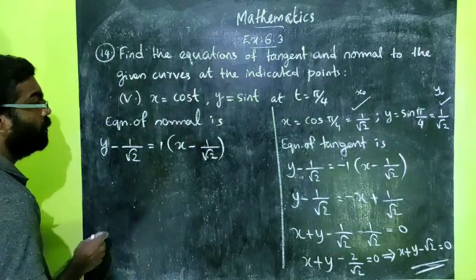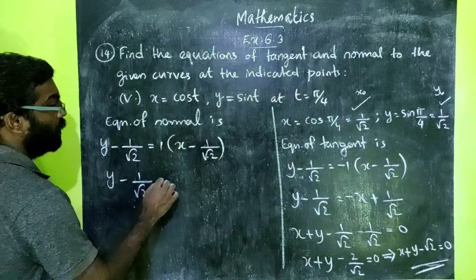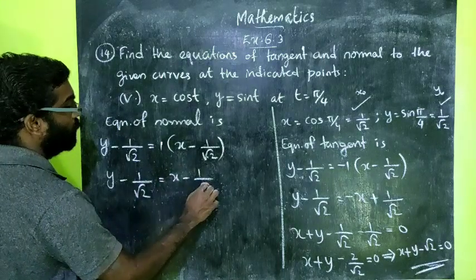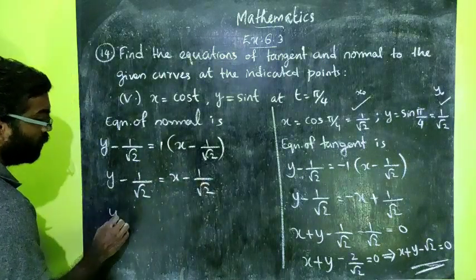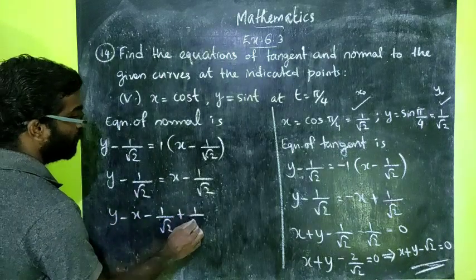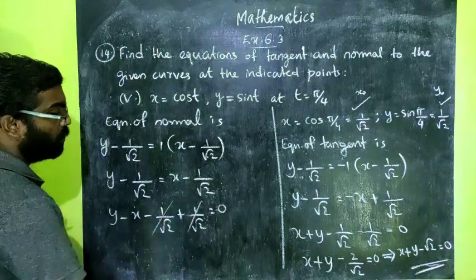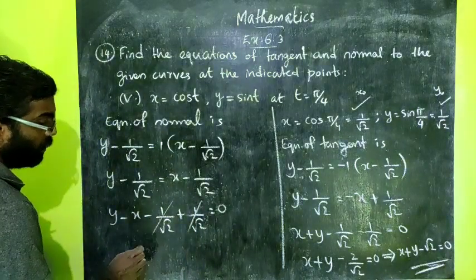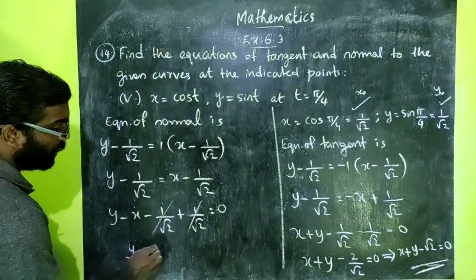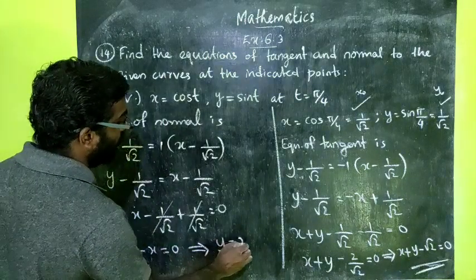Here also we can do the same process. y minus 1 by root 2 is equal to x minus 1 by root 2. Or y minus x minus 1 by root 2 plus 1 by root 2 is equal to 0. This minus 1 by root 2 plus 1 by root 2 we can cancel. y minus x equal to 0. That implies we can write y equal to x.